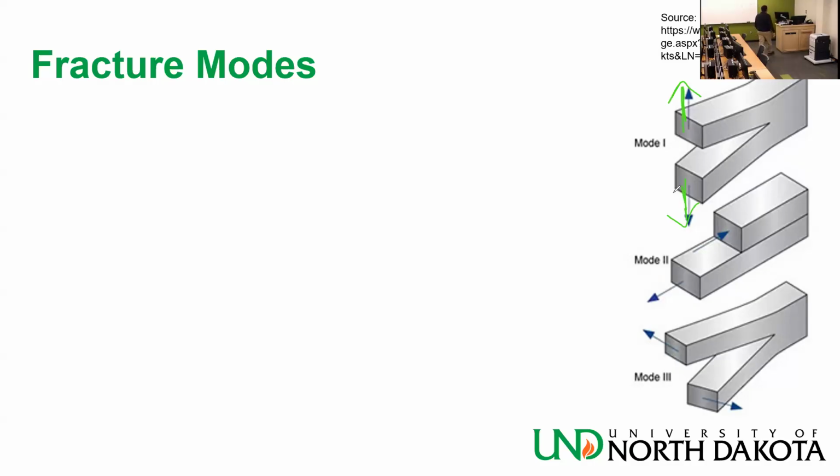That is open mode or mode 1 fractures. This is basically tensile breaking of the material, like you are working against the tensile strength of the material. The higher the tensile strength of the material, the higher the T, the harder it is to break the rock in that fashion.